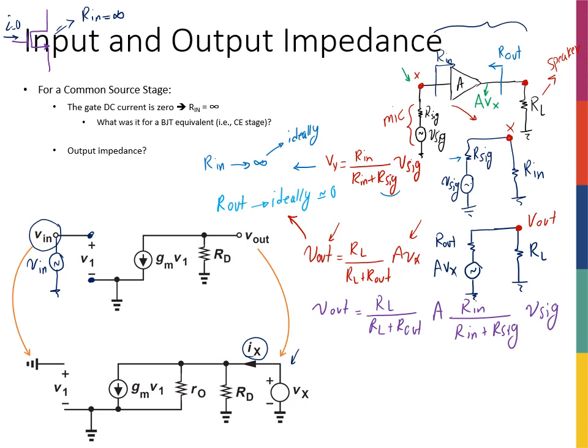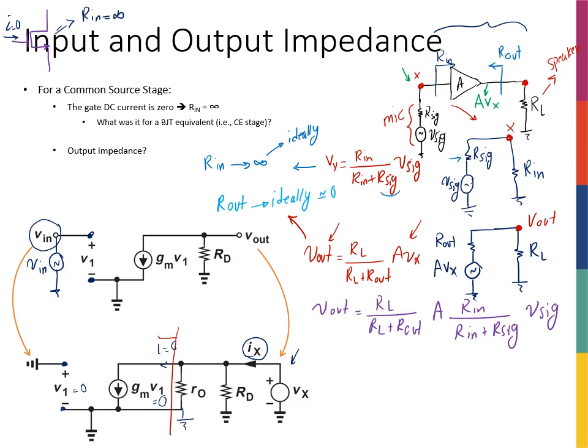Well, when I have V1 defined as the voltage between this node and this node, they're both ground, so V1 is 0. Therefore, GM V1 is 0. So this current is 0. RO is actually connected to ground, so I can draw it this way. And you can see that I don't have anything to the left of this red line.